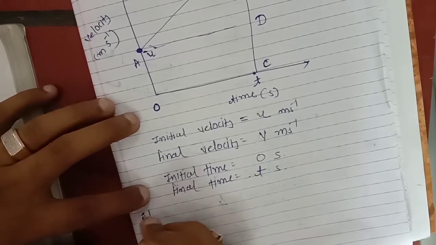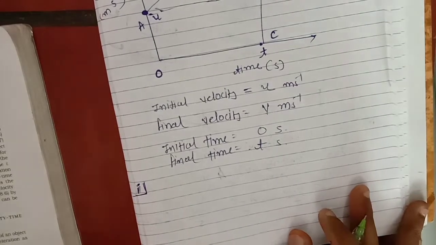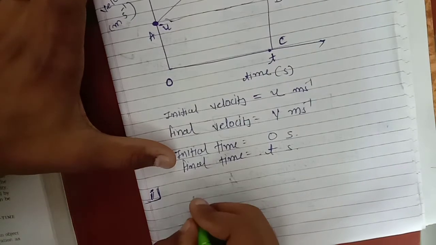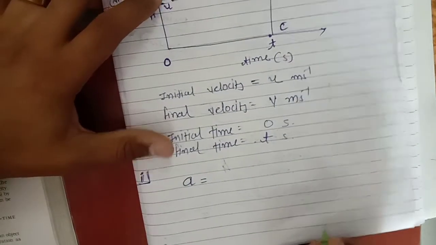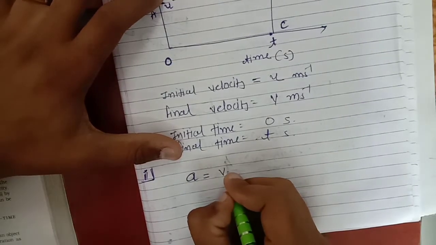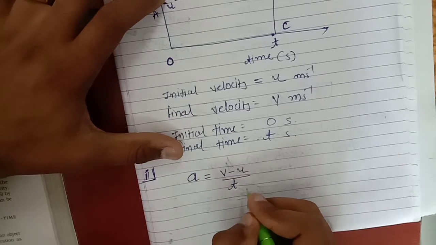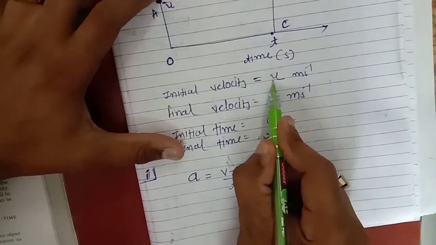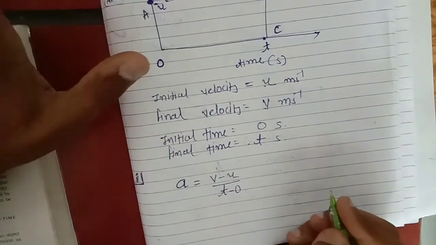Now write the first equation. How do we find the first equation for the velocity-time graph? For the first equation we write the formula of acceleration. Acceleration means final velocity minus initial velocity upon time. Final velocity V, initial velocity u, and time is t minus 0, which means t.